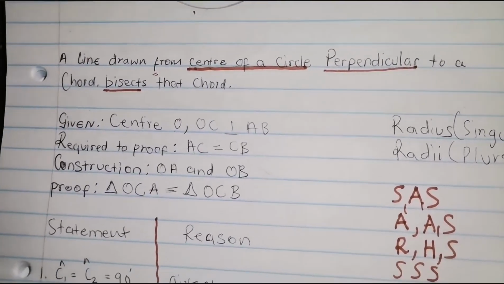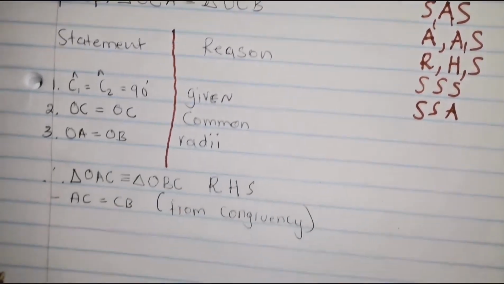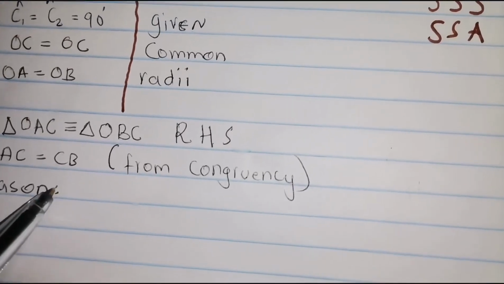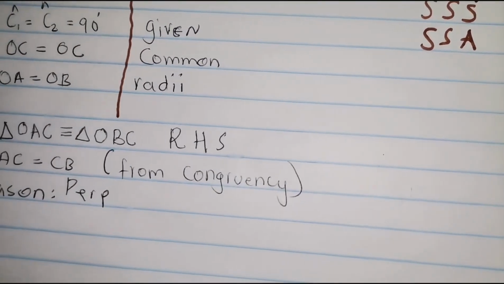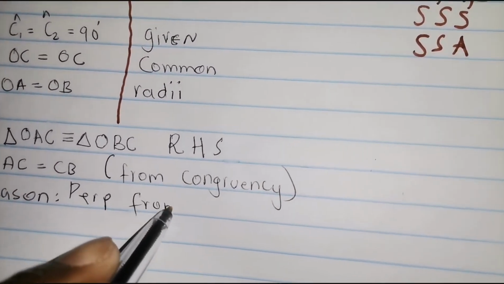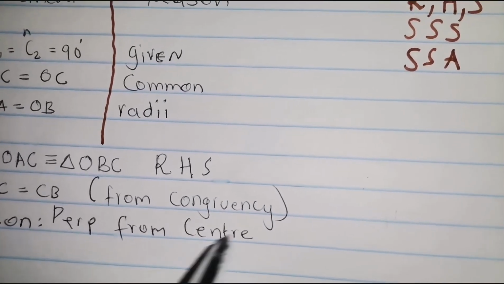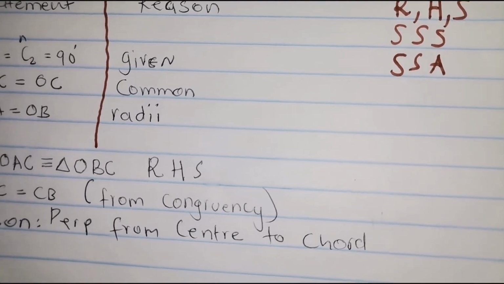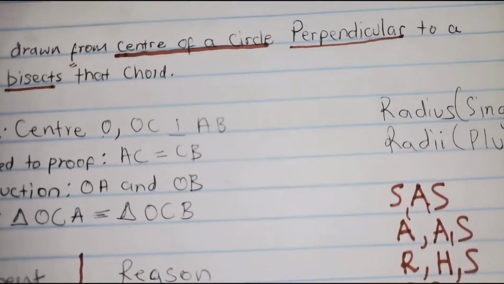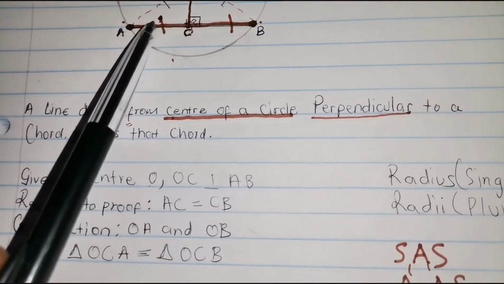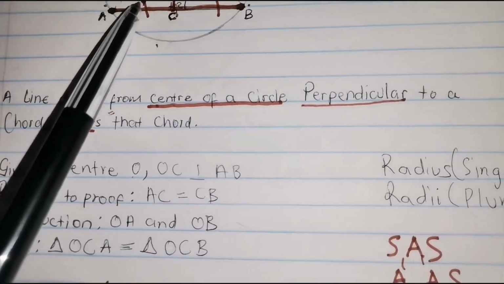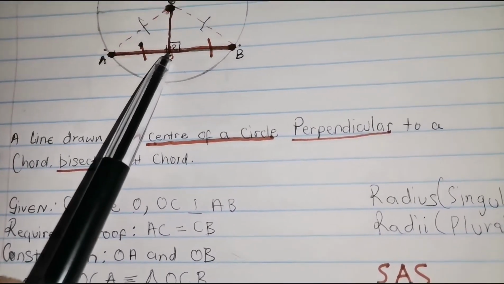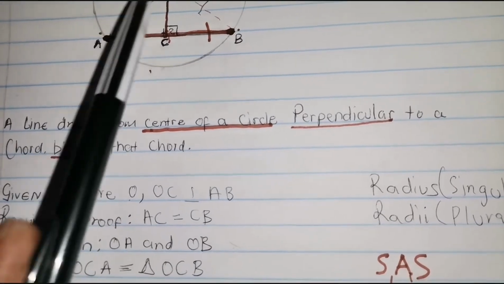Why? The reason you're going to use going forward is: perpendicular line from center to chord. This is the reason you use for AC equals CB when it is not given on the diagram that AC is equal to CB, or that they bisect each other, if you have angle C equal to 90 degrees and a center with radii.